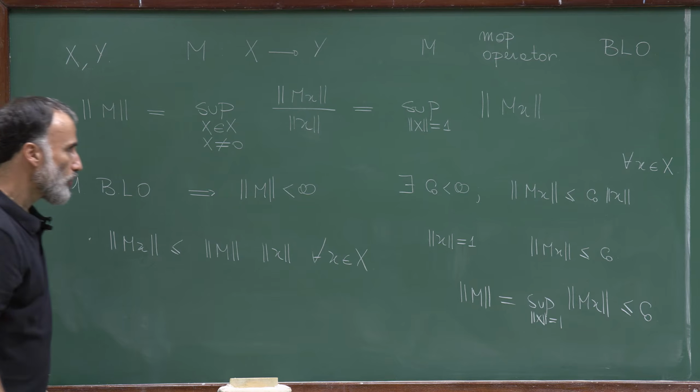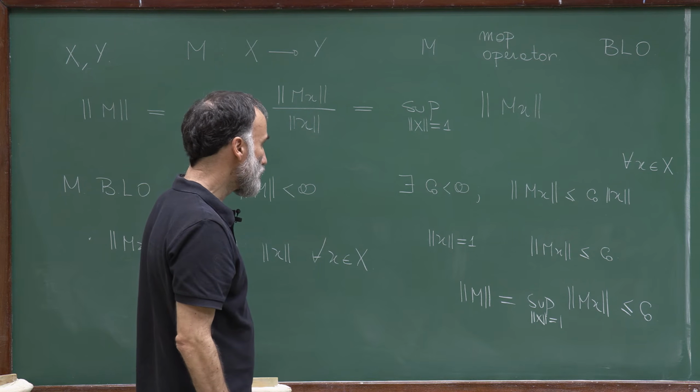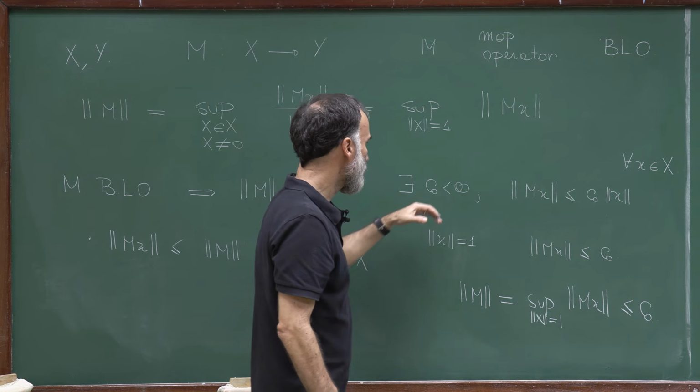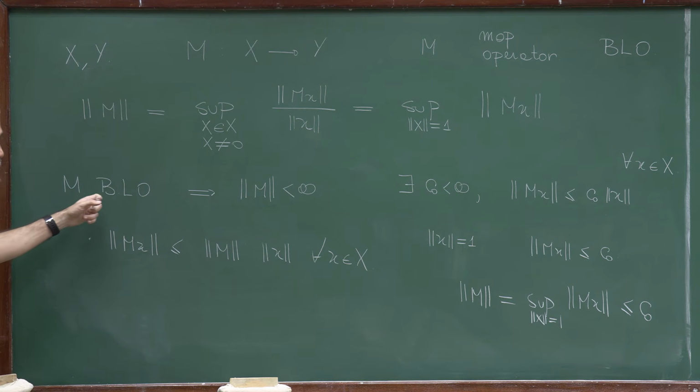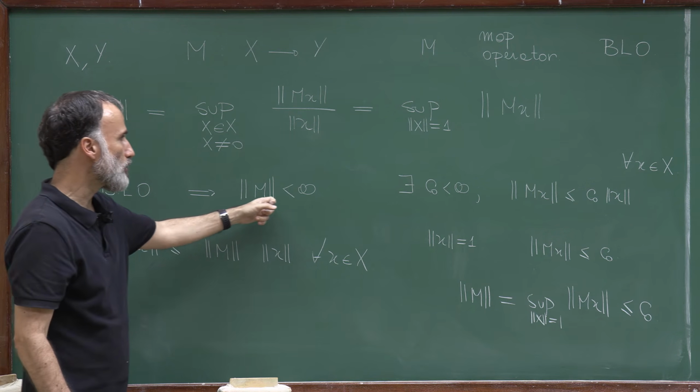So what did I prove? I proved that first, if M is a bounded linear operator, then its norm is finite.